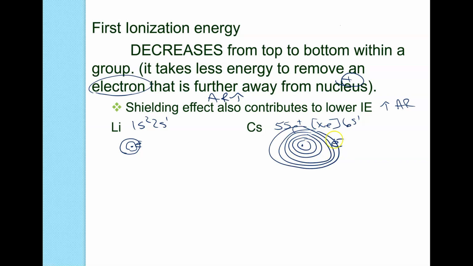And even though there are way more protons than there are in lithium, that electron hardly even knows they're there because there's 54 core electrons between it and the nucleus. It doesn't even see the positive charge, so that one's real easy to remove. Very low ionization energy. Compared to this one, which is relatively close, it has a higher ionization energy.